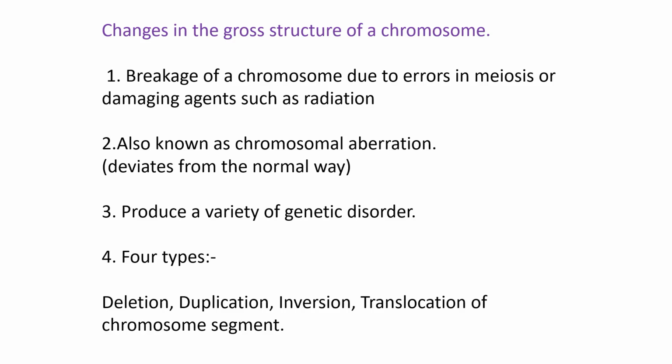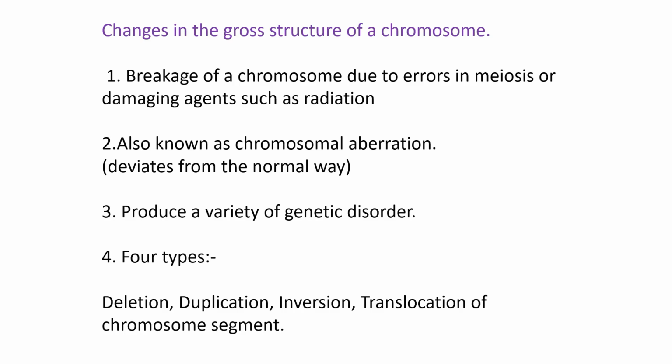Aberration means it deviates from the normal way, meaning the structure of the chromosome looks different from the original chromosome. Just imagine, like the video just now, a chromosome that has 2 centromeres. Can you picture that? Or a chromosome that lacks a centromere.